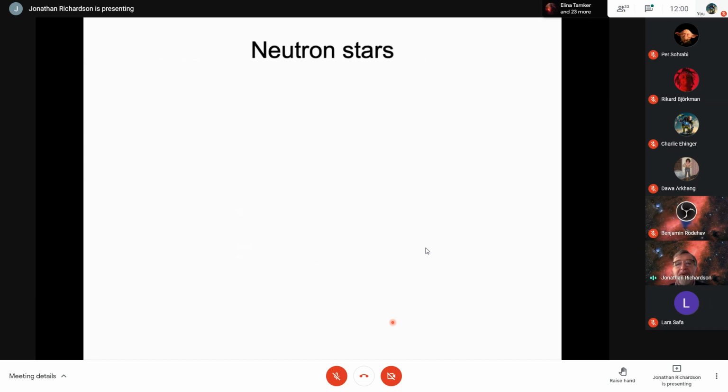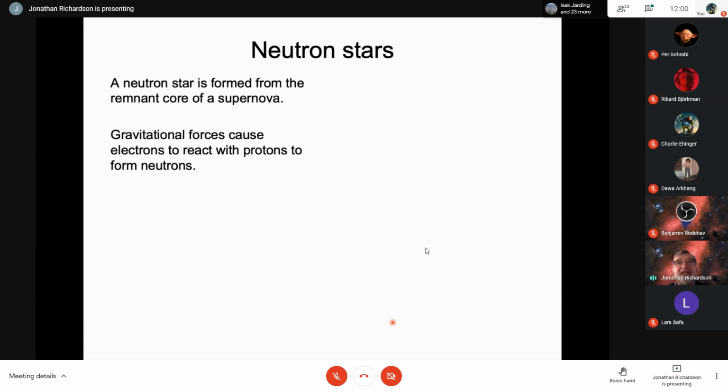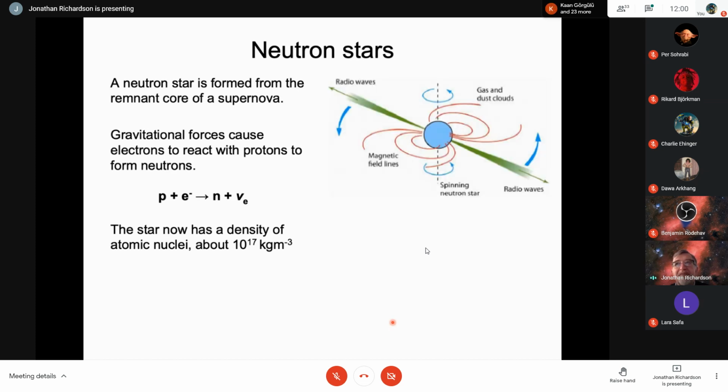We're going to look, though, at one of the results of this, and the result is very significant because we form a neutron star as the remnant of a supernova. And the gravitational forces cause this process of neutron production, which ultimately leads to this super dense star being formed.